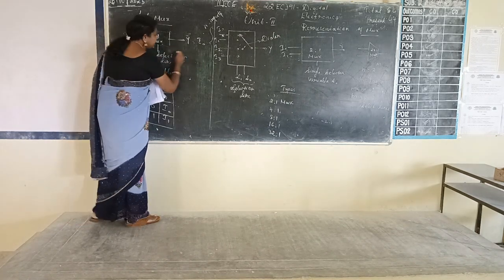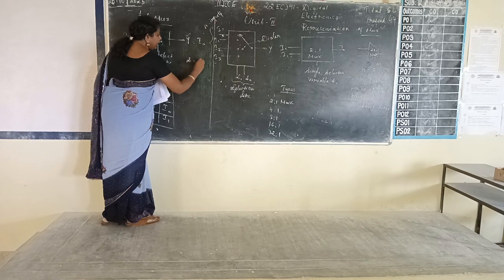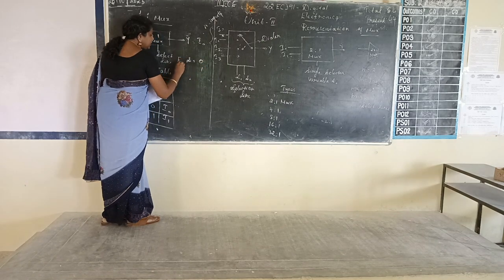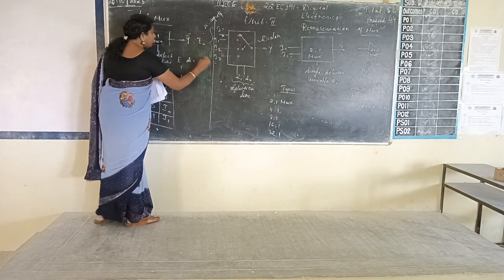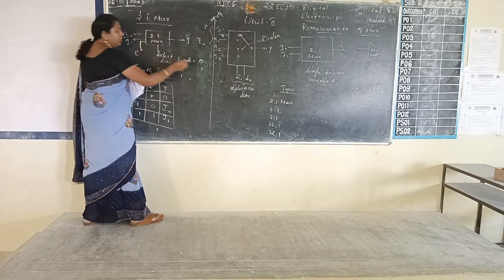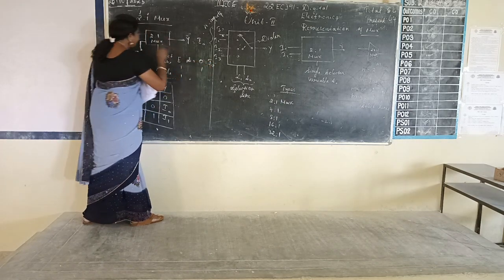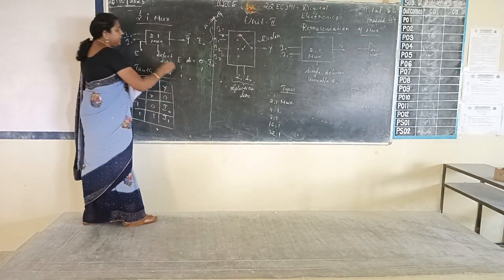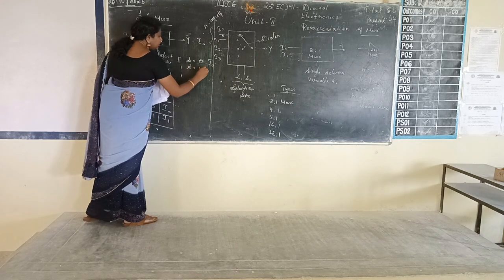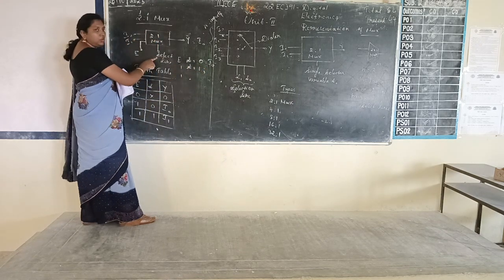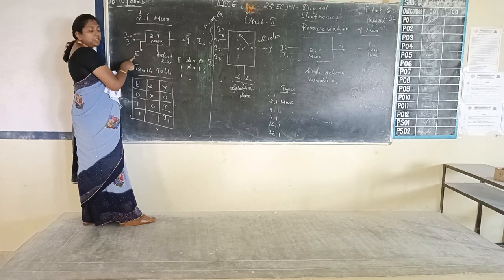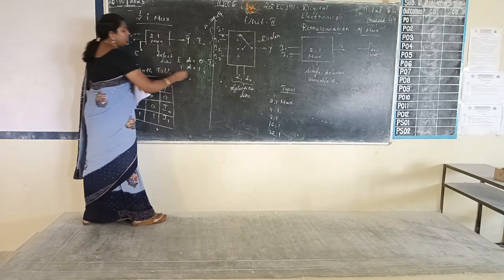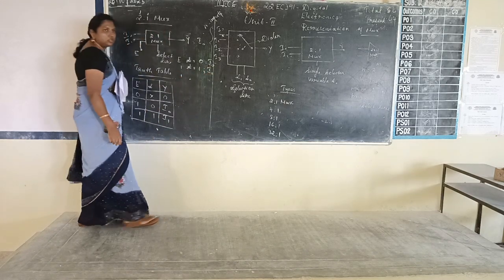So what are the possible combinations for S? 0 and 1, right? So when E is 1 and S is equal to 0, you will be getting this as out, I naught. So the selection line will select the I naught input. Then when S is equal to 1 and E is equal to 1, the selection line will select the I1 input, right?